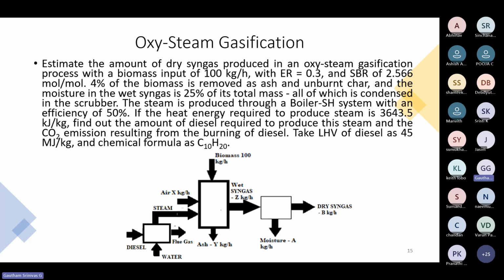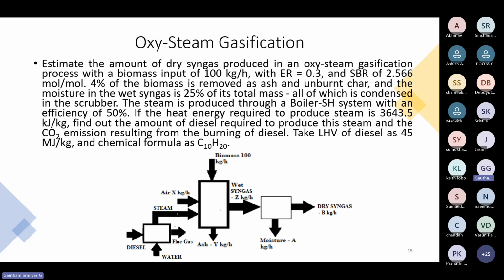Sorry, this is not air, this is oxygen. So you have some amount of oxygen going in, and some amount of steam going in. So you have biomass, oxygen, and steam as your inputs. It gets converted into syngas with a high amount of hydrogen, like we have seen yesterday.